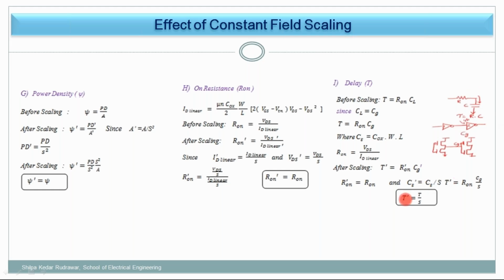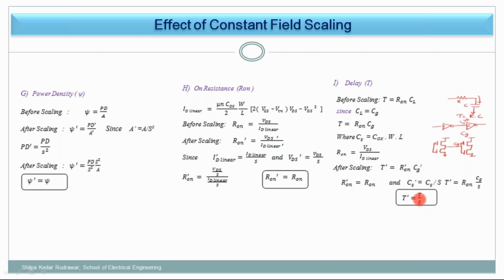Thank you. So it is improving because previously time was T. Now time was scaled. यहाँ पे क्या हो रहा है? Your time is we can say T by S. It's scaled down. Less time में आपका circuit perform कर रहा है.